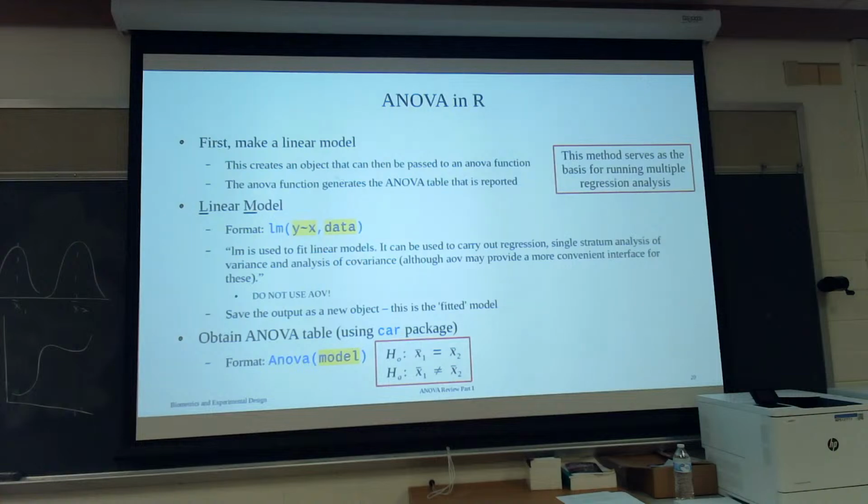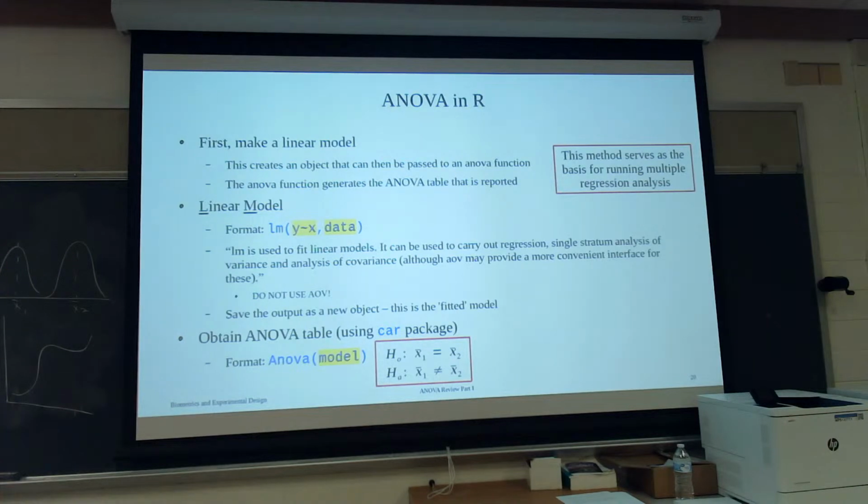What if we wanted to run an ANOVA? Well, steps for doing an ANOVA are a little bit different. So in R, what I encourage you to do first is to create a linear model of our data. We create our linear model, and then we pass that model onto another function that would generate our ANOVA table.